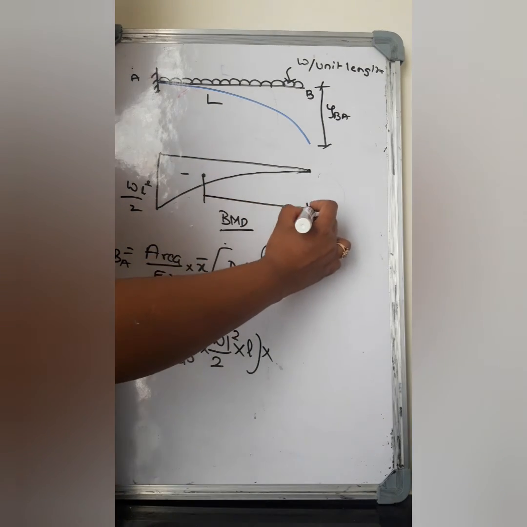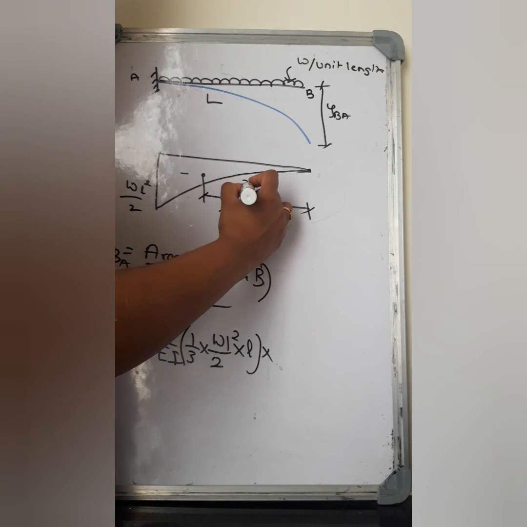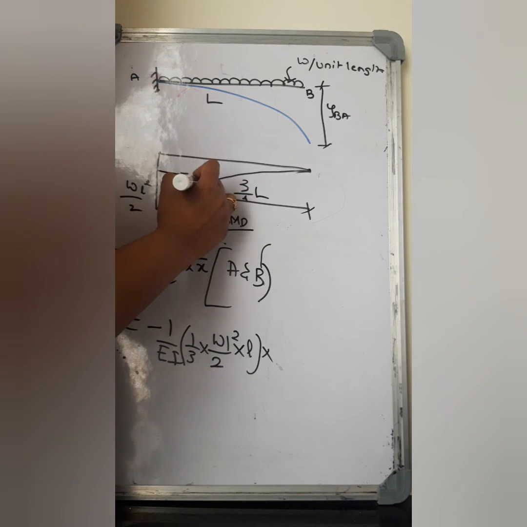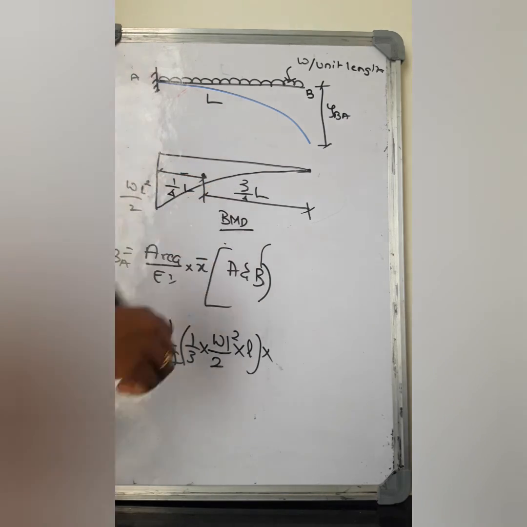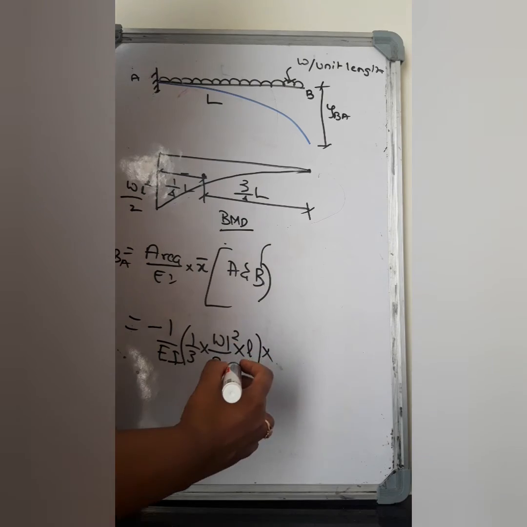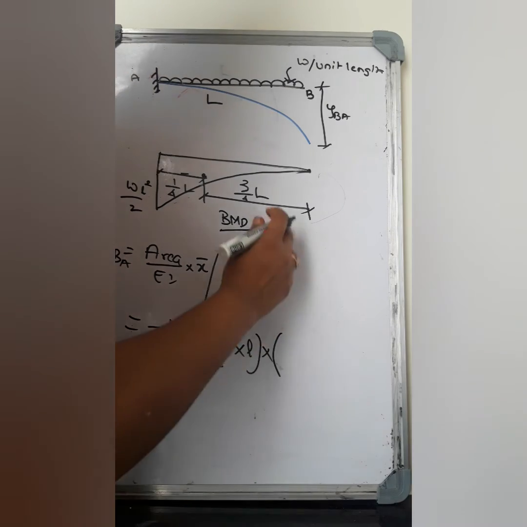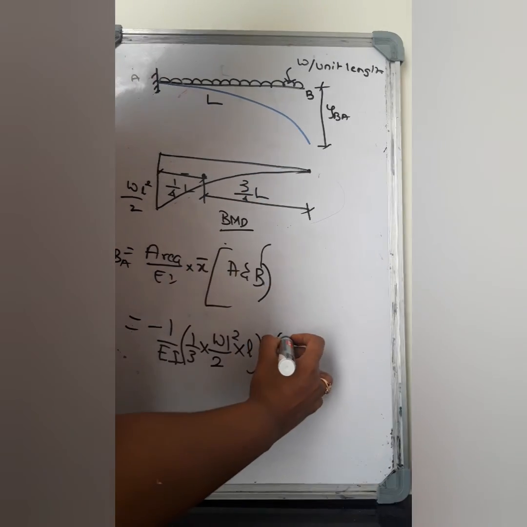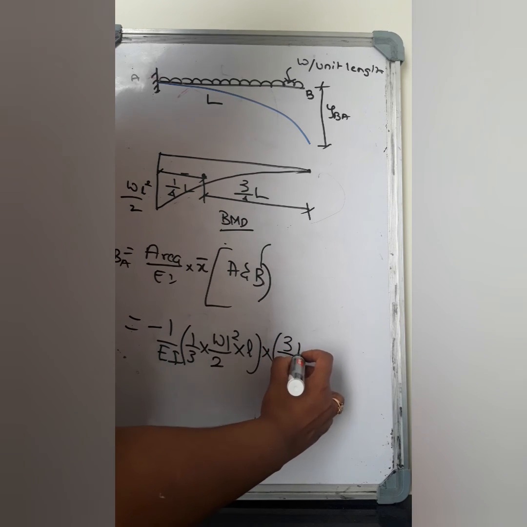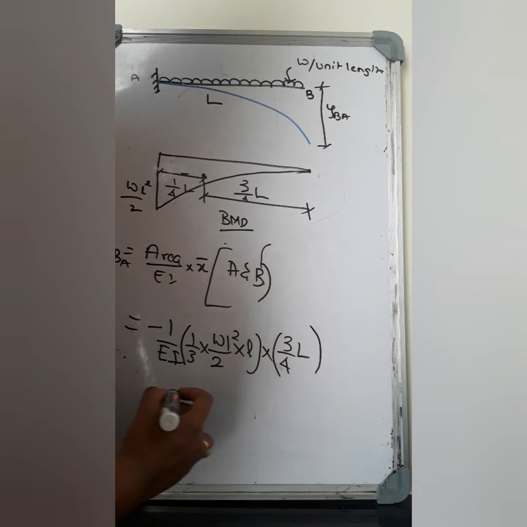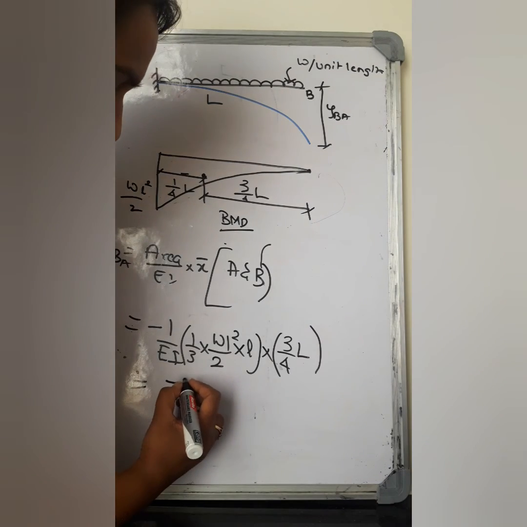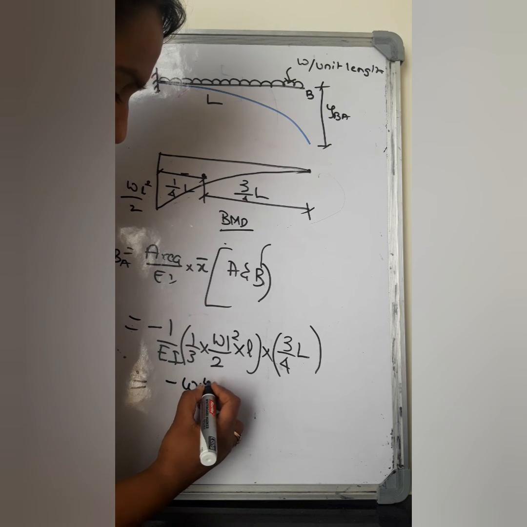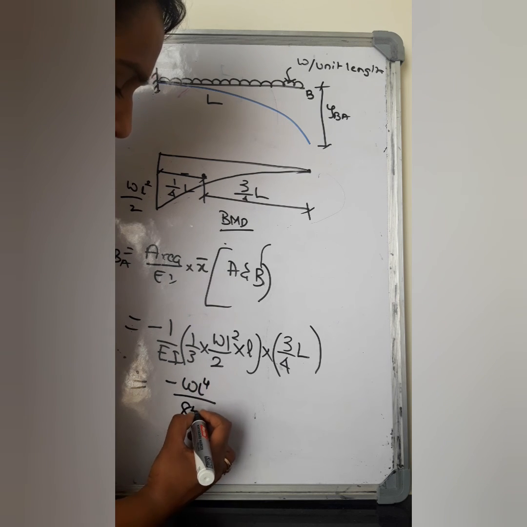From the zero end it is 3 by 4 times L, and from here it will be 1 by 4 times L. With respect to B we have to calculate, that is 3 by 4 times L. If you simplify this, you will get WL to the power of 4 divided by 8 EI.